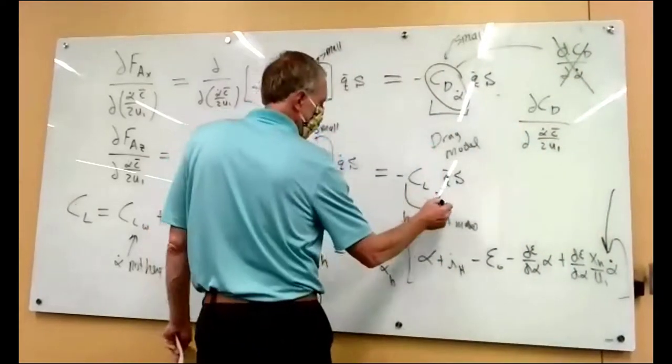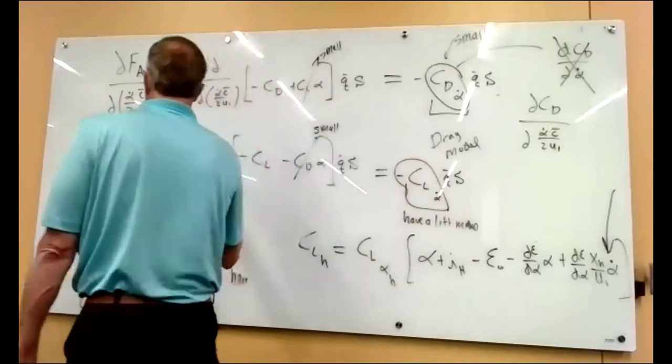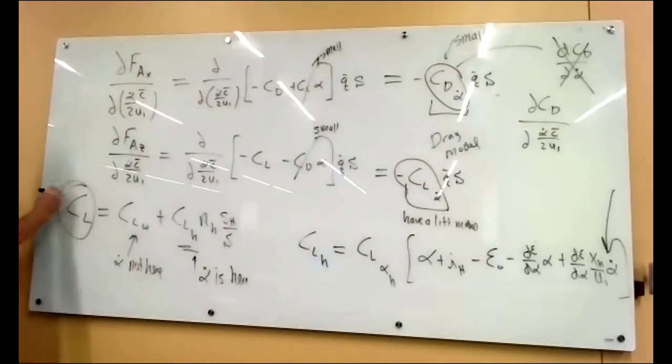So what this says is we need to take the derivative of CL with respect to that weird combination of variables.